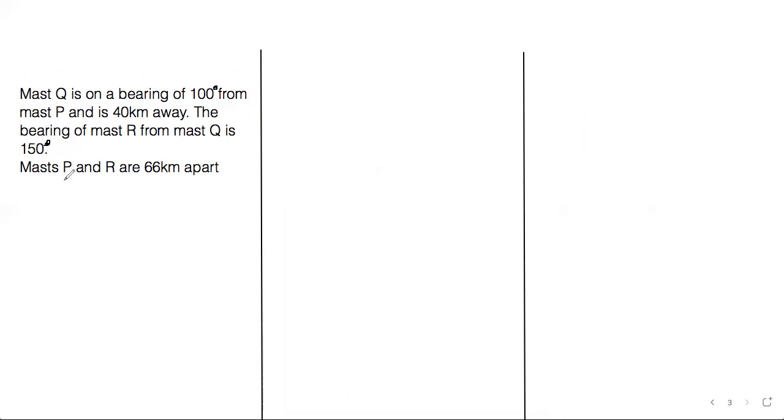Masts P and R are 66 kilometers apart. The first question is: how far is mast Q from R?